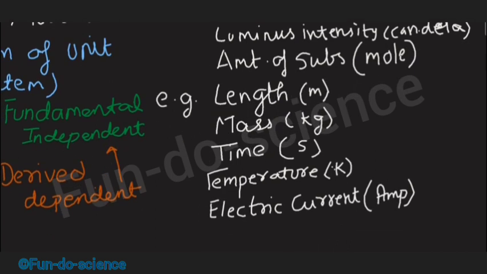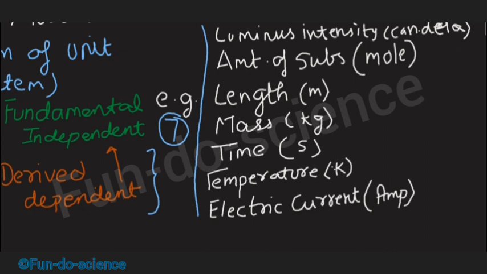Apart from these 7 important fundamental quantities, rest other quantities are derived quantities. So there are well defined 7 fundamental quantities which are independent of any other quantity. But if I go for a derived quantity, any derived quantity will depend on these fundamental quantities.